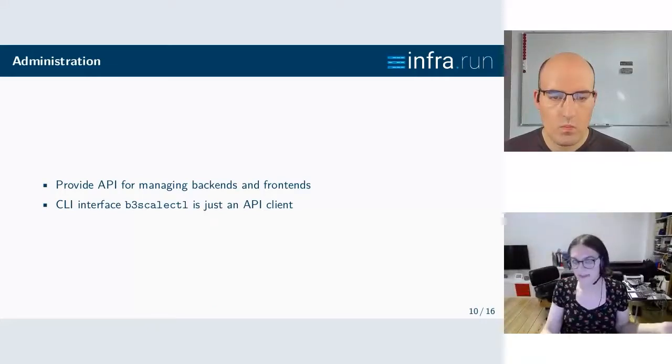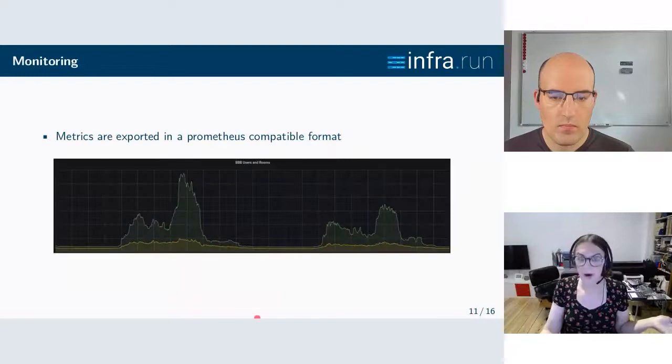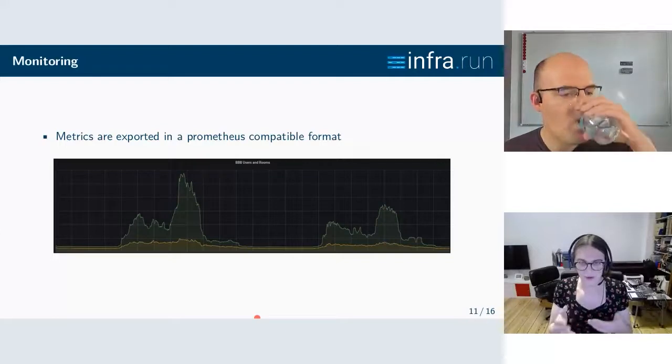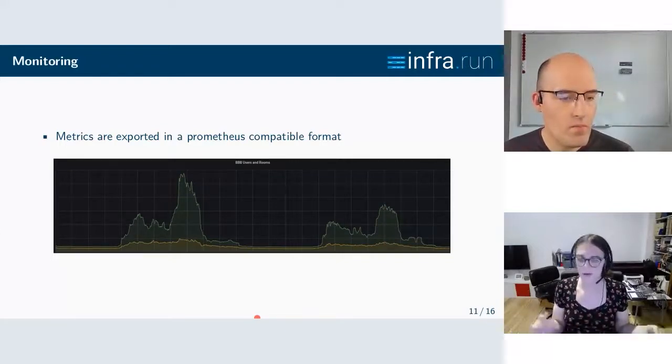So what's left? Monitoring. We want to have metrics about what's going on on the server, is everything running smoothly and so on. So we are utilizing a Prometheus exporter for the current state of the cluster, where, for example, total numbers of attendees are calculated.